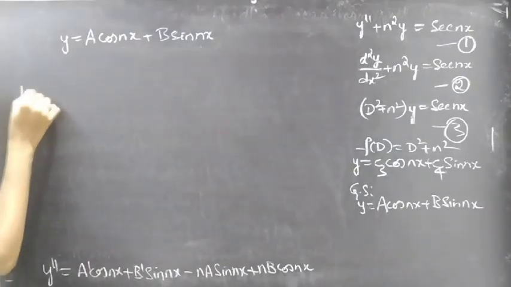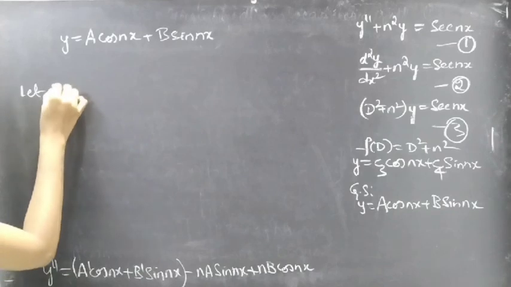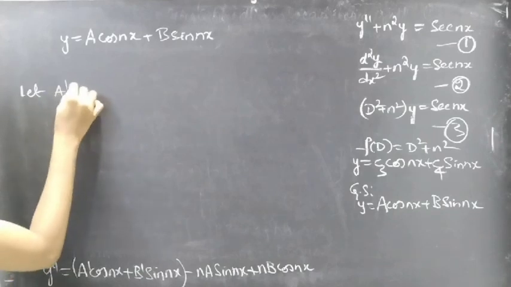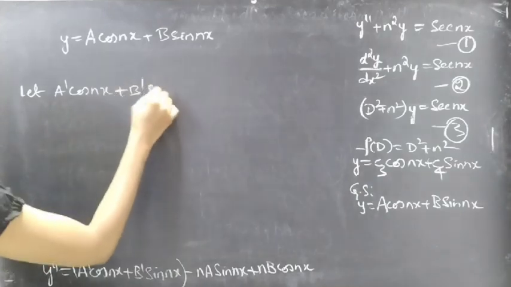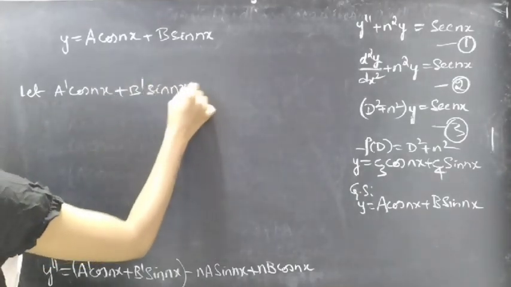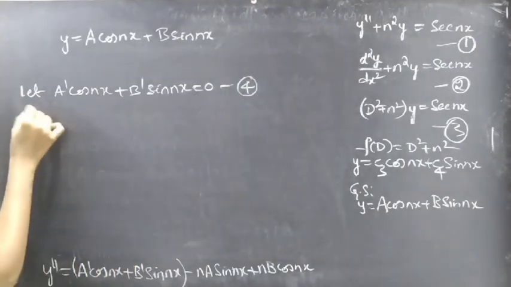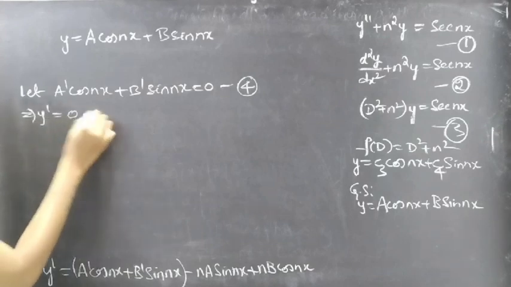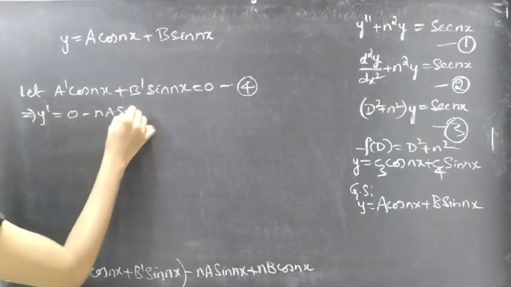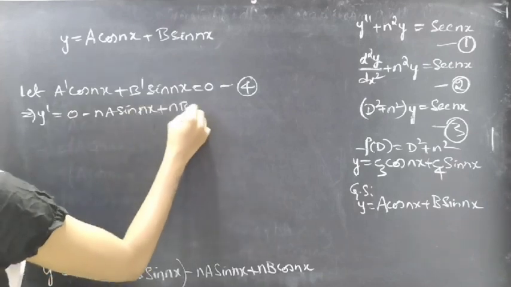Let a dash cos nx plus b dash sin nx equal to 0, consider as equation 4. Then y dash becomes 0 minus na sin nx plus nb cos nx.